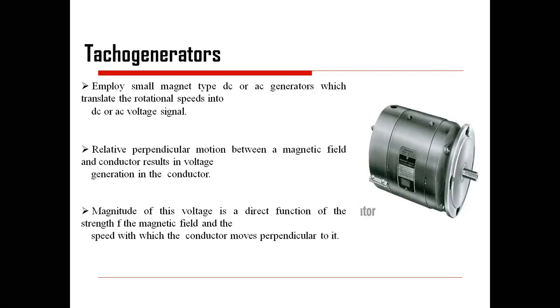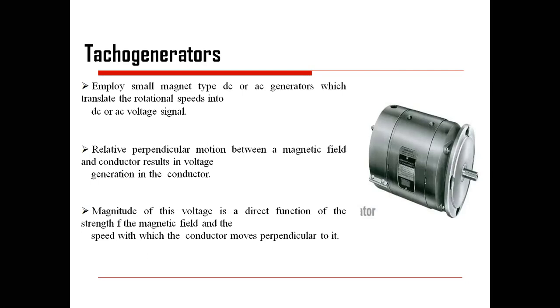So it consists of a small magnet type, either DC or AC generator, that translates your rotational speed, which I have called motion, into an output as DC or AC.